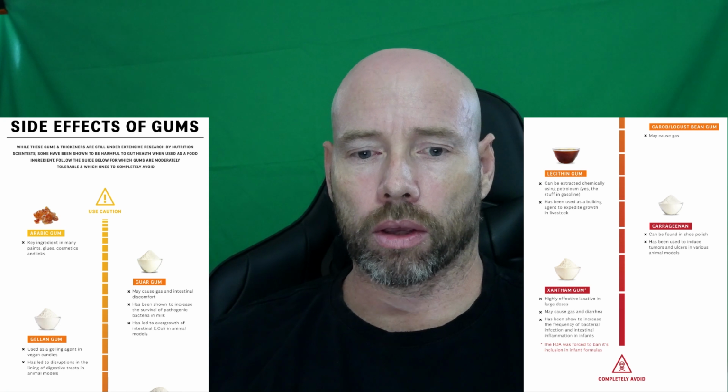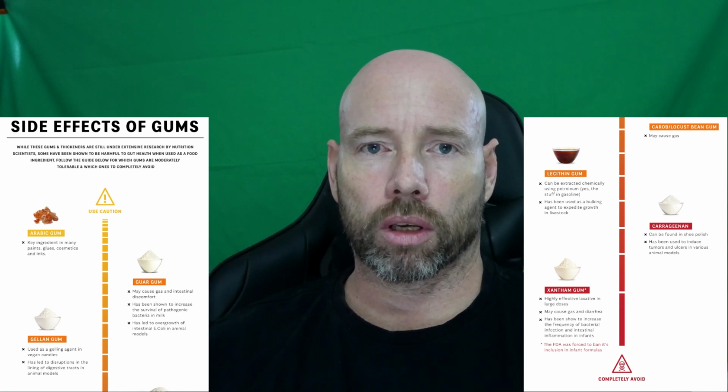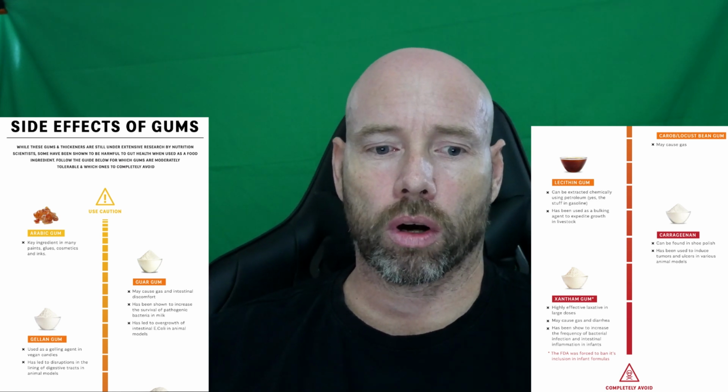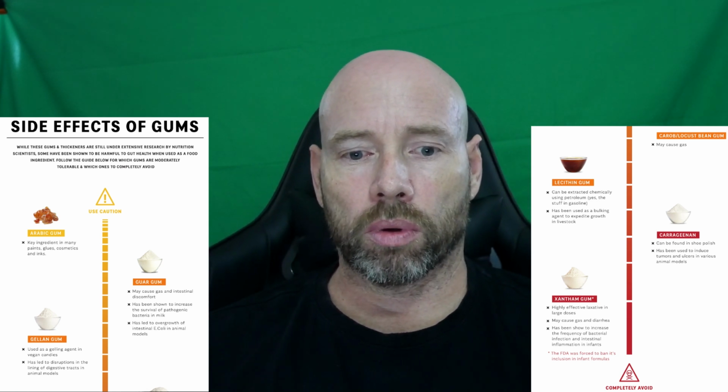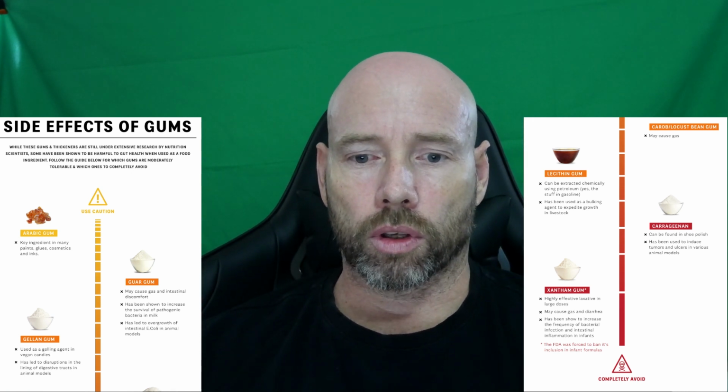Carrageenan. Now there are many types of vegetable gums, which I'm just going to go into now. These vegetable gums, thickeners, and so on, are all still being investigated or researched by nutrition scientists. Some have been shown to be very harmful, particularly to gut health when used as a food ingredient.